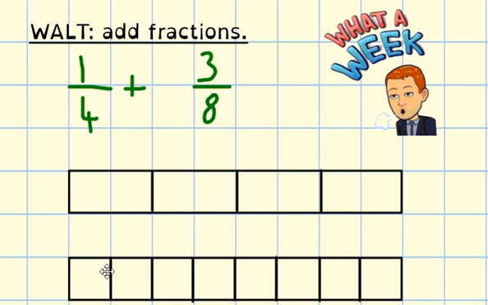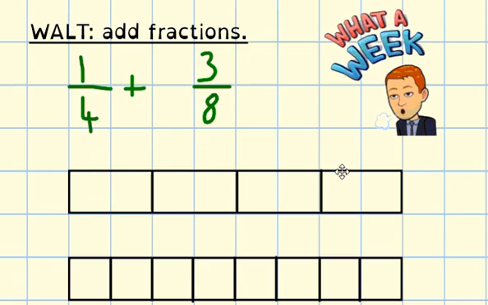One bar is going to be cut up into 8 individual sections to represent my 3/8, like so. For the second bar, you've got to divide whatever it is you've got, so in this case it was 8, 8 divided by your other denominator, which was 4. 8 divided by 4 gave me 2.